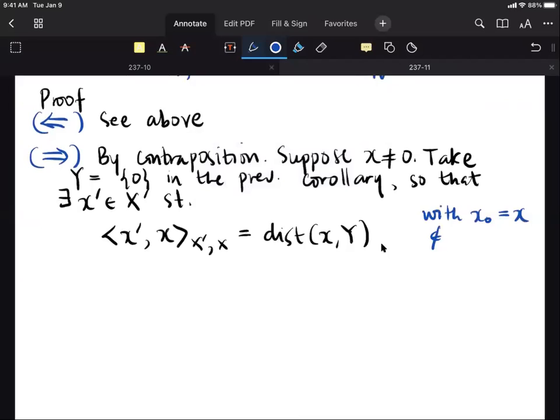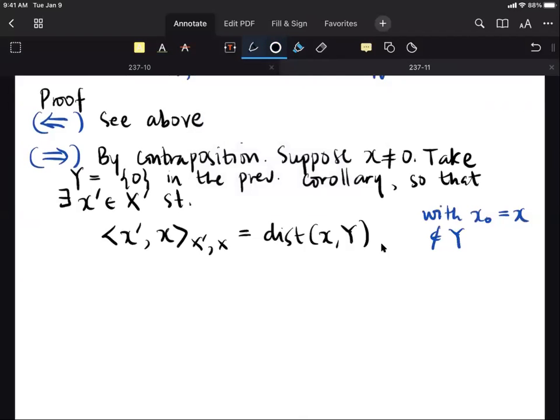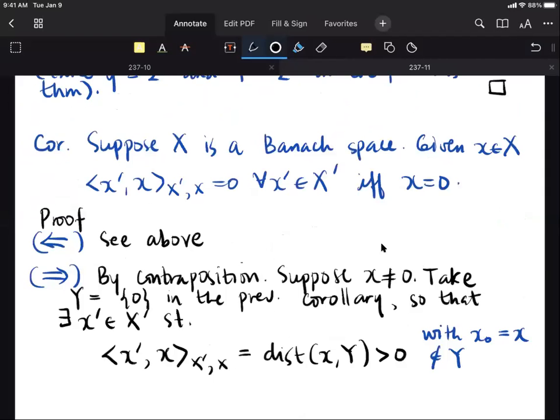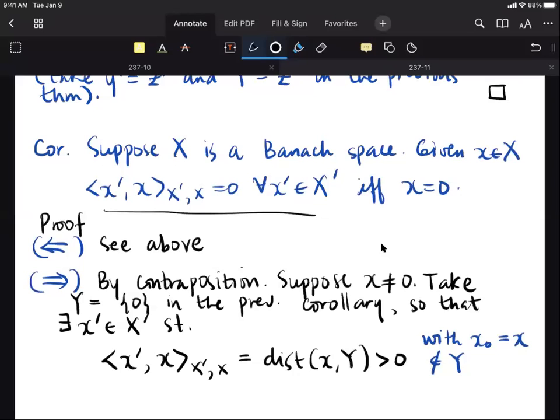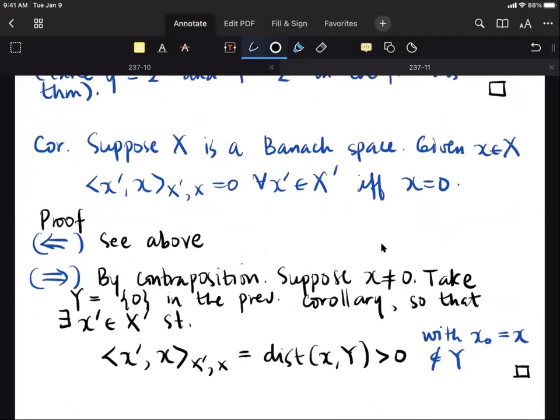This is of course not an element of Y, since Y is the trivial subspace and x is not 0. So the distance between x and Y is positive since x is not in Y. In particular, the duality pairing is not equal to 0. So that's the negation of this statement, and we have established the contrapositive.